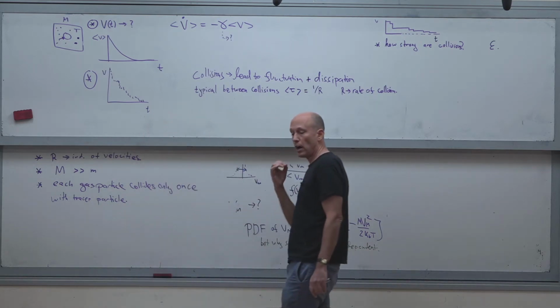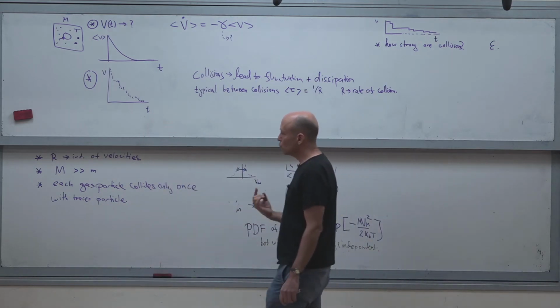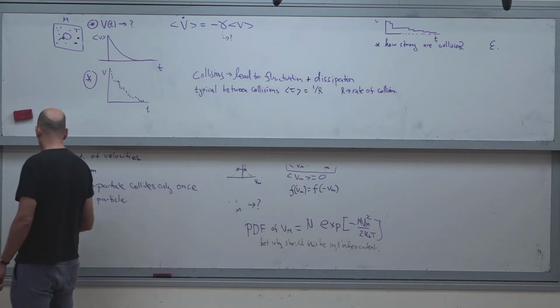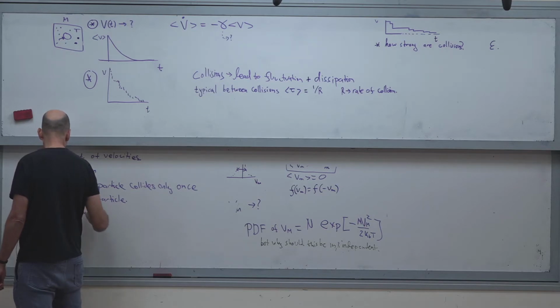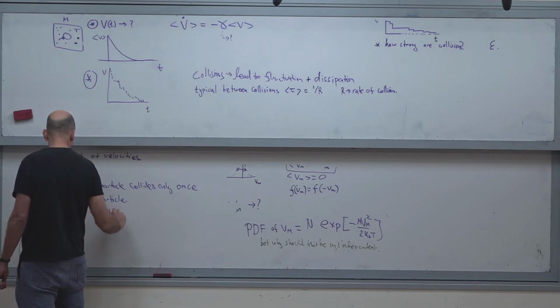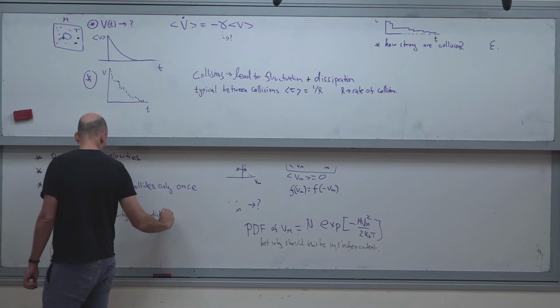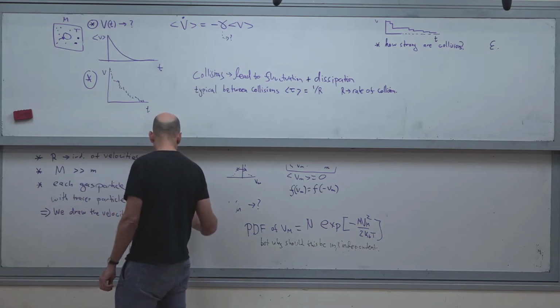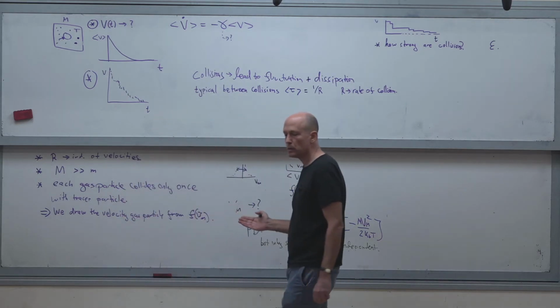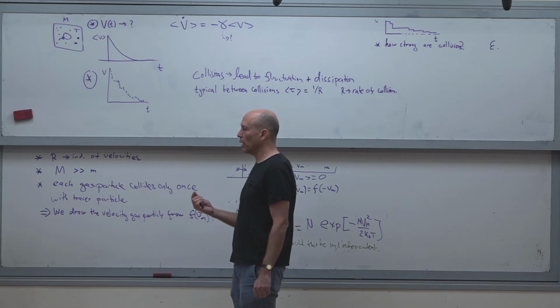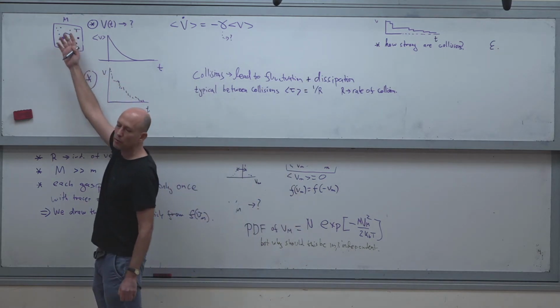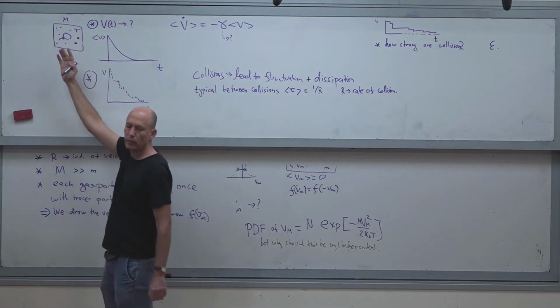It means that each time they collide, we draw the velocity of the gas particle from what I defined previously, but now I'm explaining the meaning of this condition, from F of Vm. Which means if you had some memory and this gas particle is, let's say, moving very fast and heating all the environment.